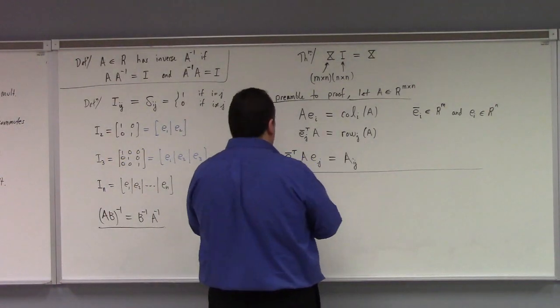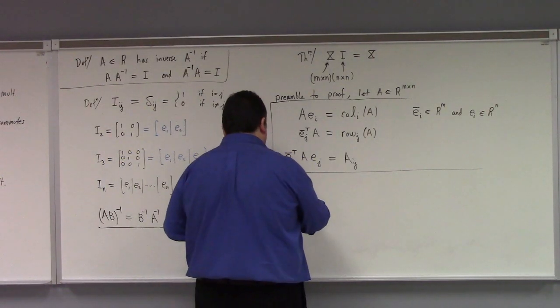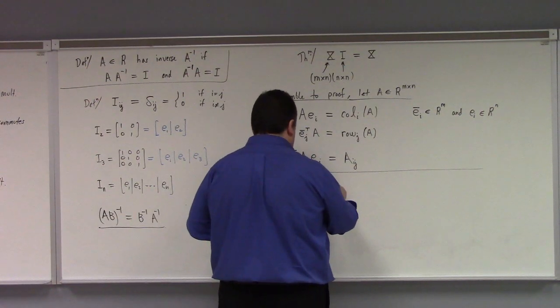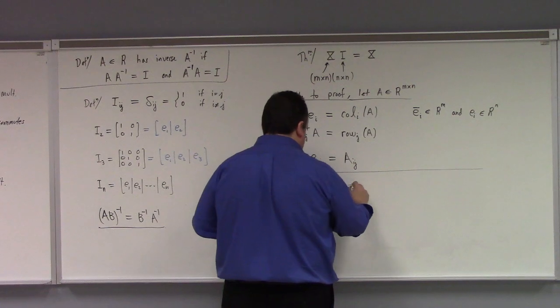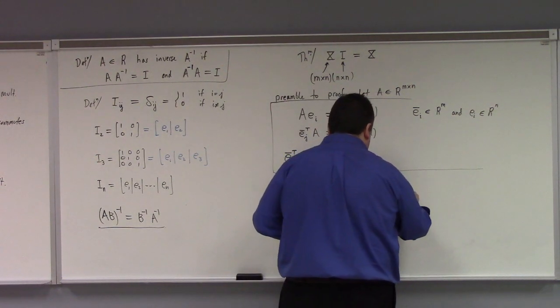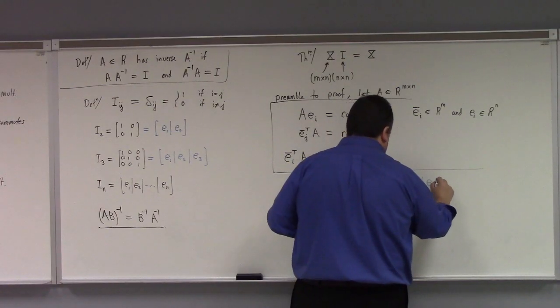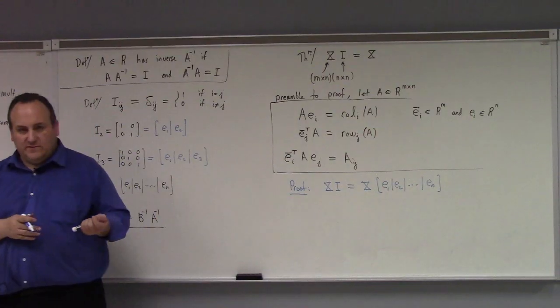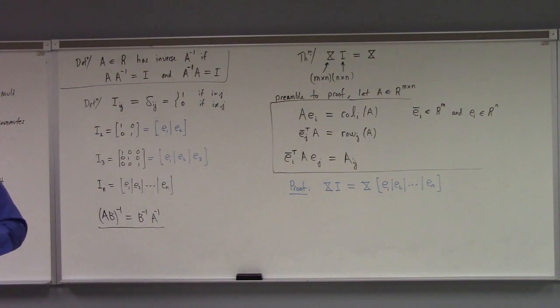So if we know these things, we can use these things. Going back to my proof, here's the proof. I have x times I, right? But that's x times E1, E2, through En. There are different methods of proof we can use. We could use component level proofs, or we can do column level proofs.